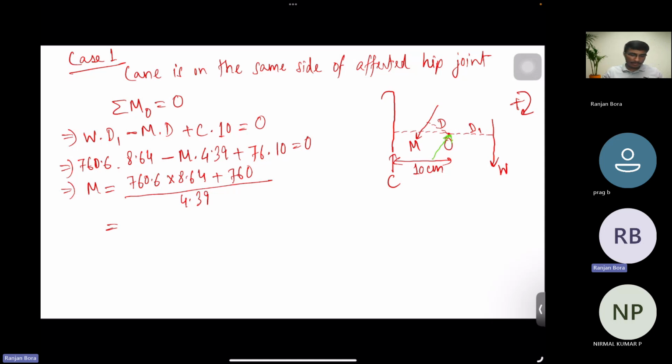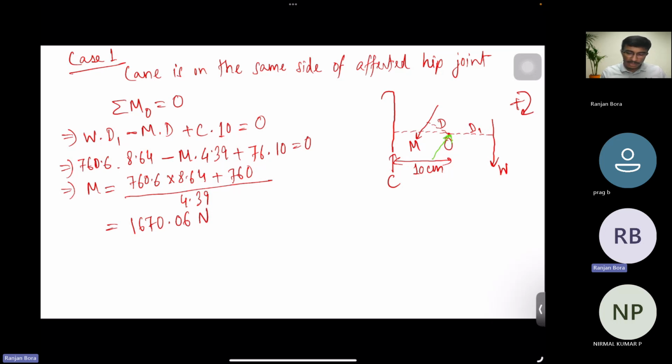It will be 1670.06 Newton. So the abductor muscle force is acting this amount of force.